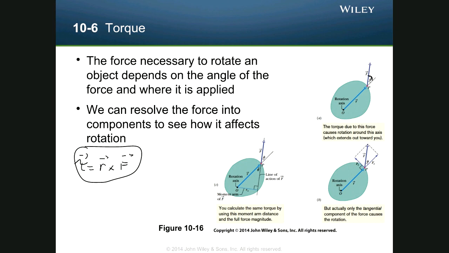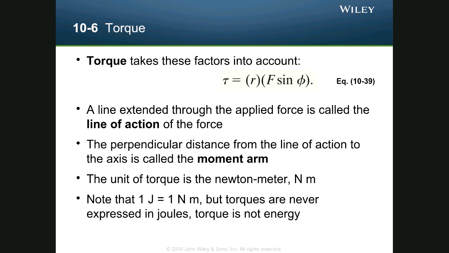They're going to build up the magnitude first by saying that the torque takes these factors into account: the R, the F, and the sine of the angle between them. They're going to ask you to notice that this is from chapter 3, the magnitude of a cross product, but we won't really get to that till chapter 11. So again, here we're defining our line of action and our moment arm.